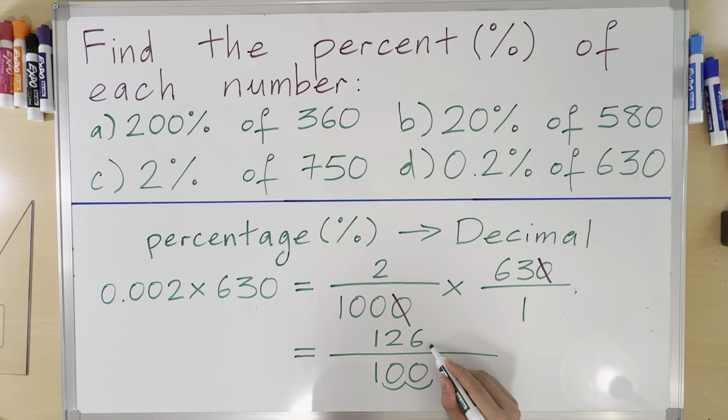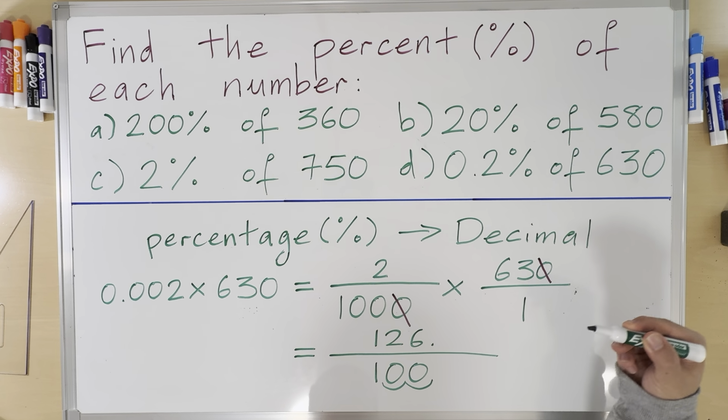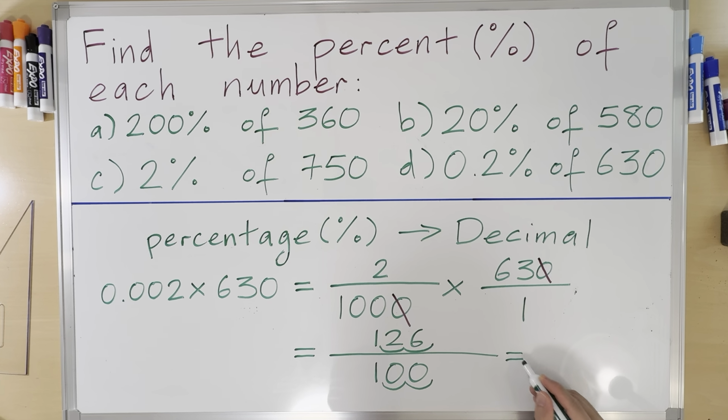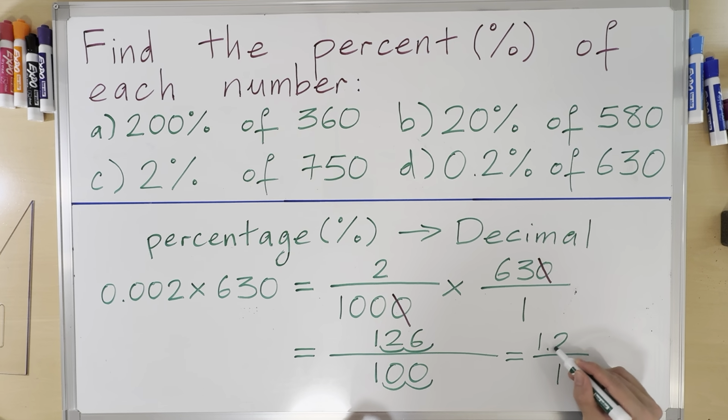And so therefore, for the number 126, the decimal place is right here. And because we moved the decimal of the denominator by 2 digits to the left, we must also move the decimal of the numerator 2 digits to the left as well. 1, 2. Now the denominator becomes 1. The numerator becomes 1.26.